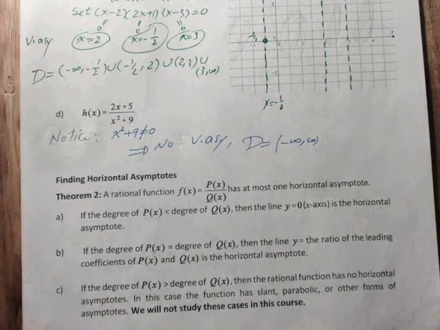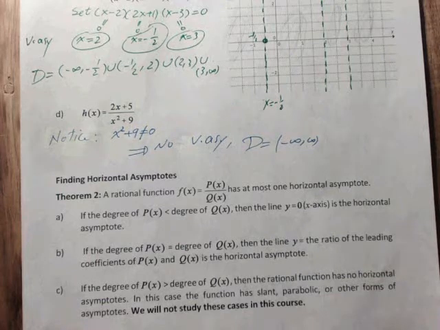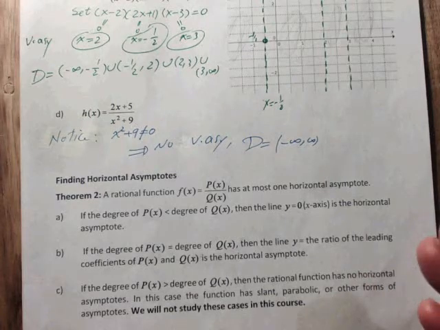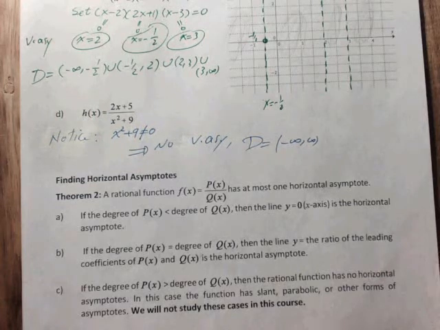Of course, there are situations where you may have a slant asymptote or parabolic asymptote or probably more complicated asymptotes. But that's not what we're going to do. We're going to just consider the simplest situation when you have either vertical or horizontal or both.